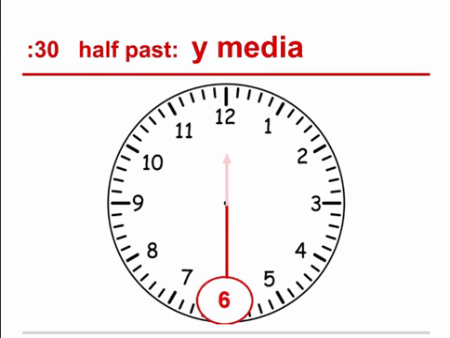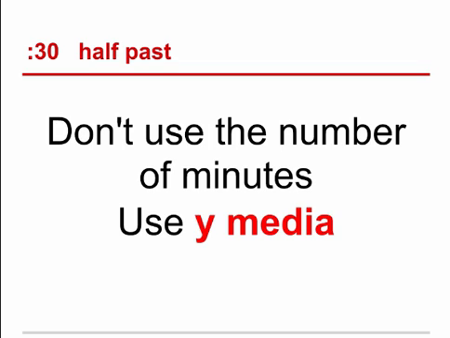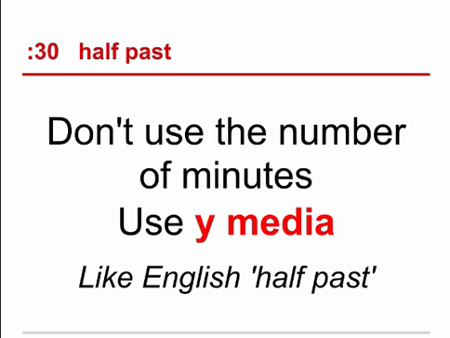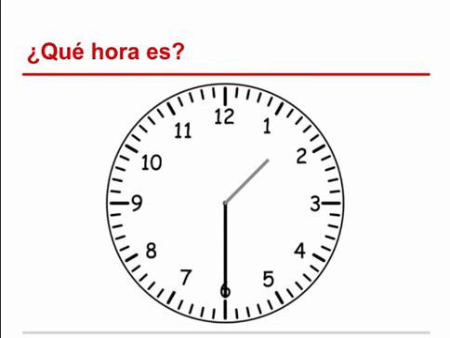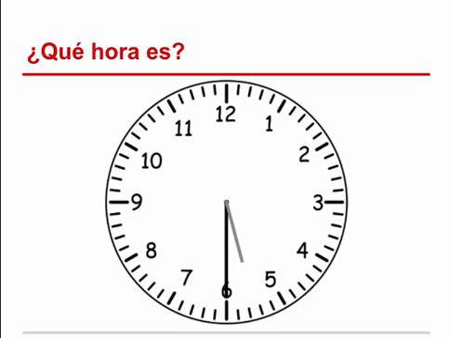When we're talking about half past the hour, we use y media. Don't use the number of minutes. Use y media, like the English half past. ¿Qué hora es? Es la 1:30. ¿Qué hora es?